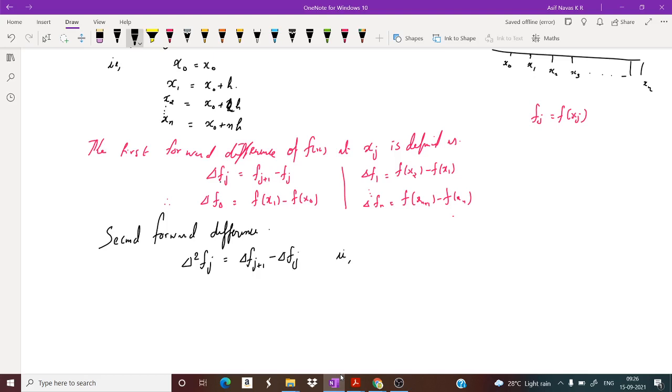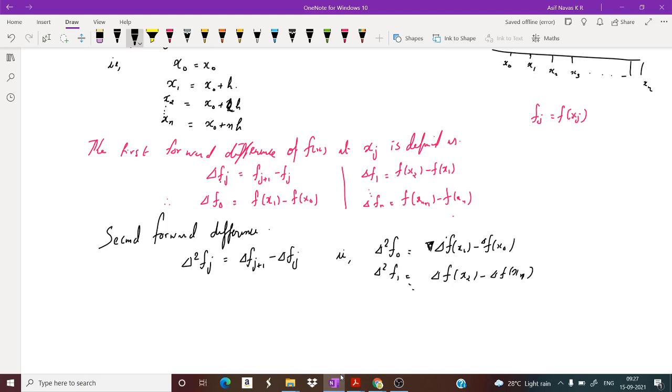That is, delta square f naught is simply delta f of x1 minus delta f of x naught. Delta square f1 is delta f of x2 minus delta f of x1.